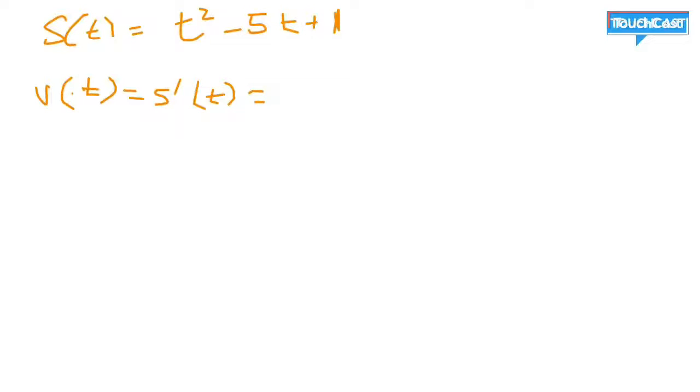And I know how to take the derivative of a polynomial. The derivative of t squared is 2t. I'm using the sum and difference rule, I have a subtraction sign, and the derivative of 5t is 5. So v of t is equal to s prime of t, and that's 2t minus 5.